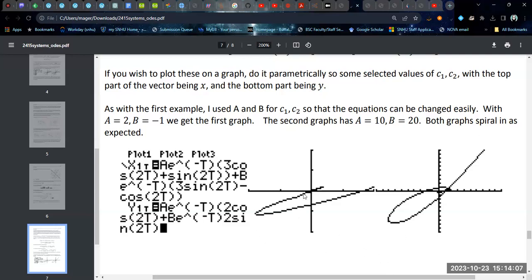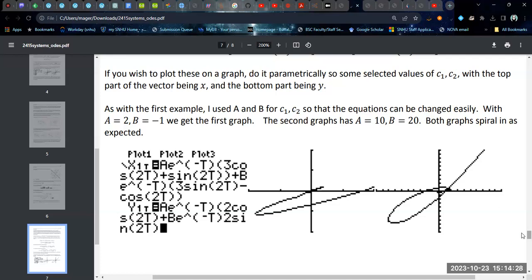And then with different initial conditions, you will see that this will spiral in your calculator. You can change how long t runs, but because this is going to spiral in relatively quickly, you're not going to see very many rotations going around the origin.